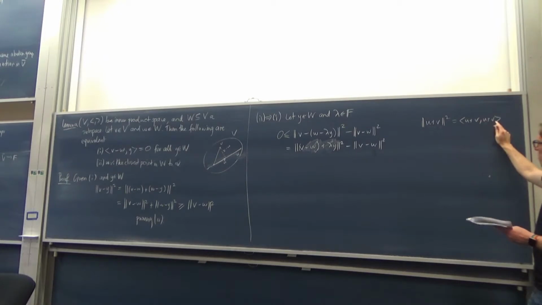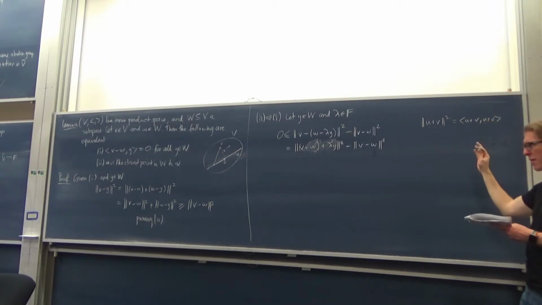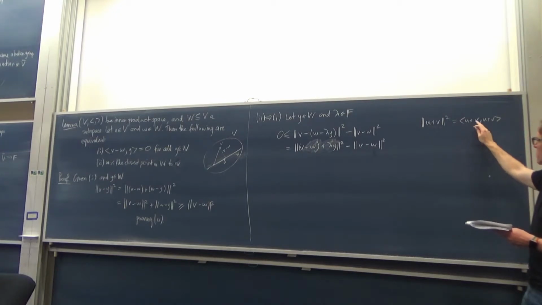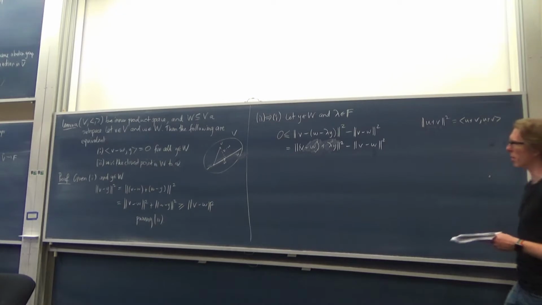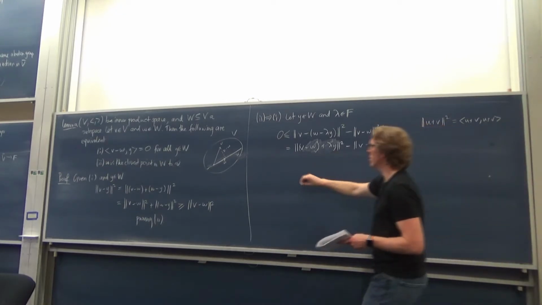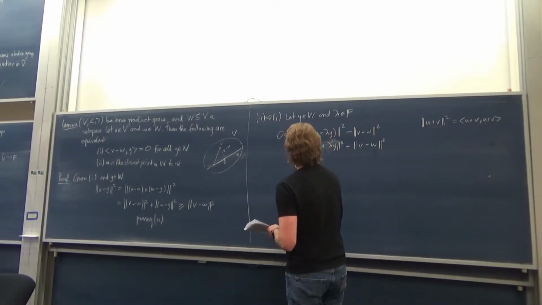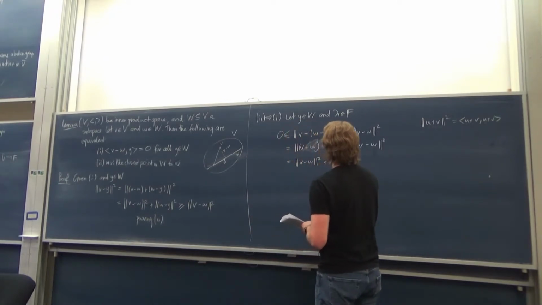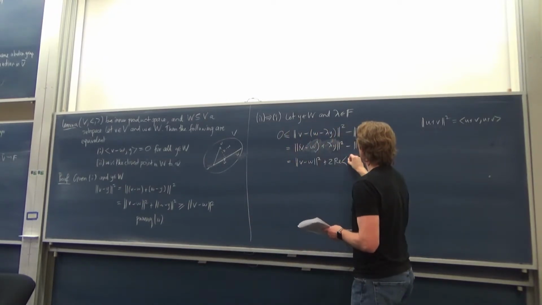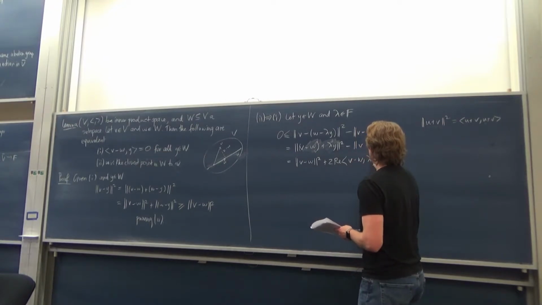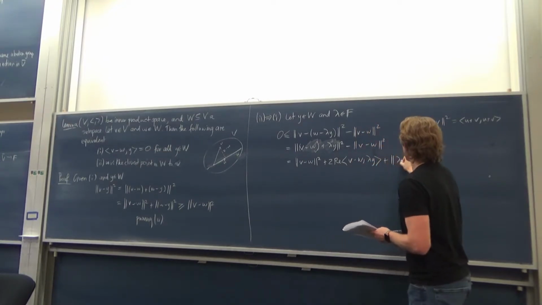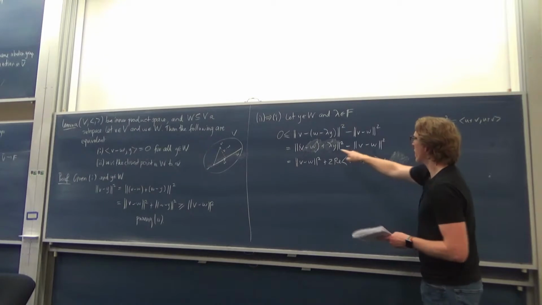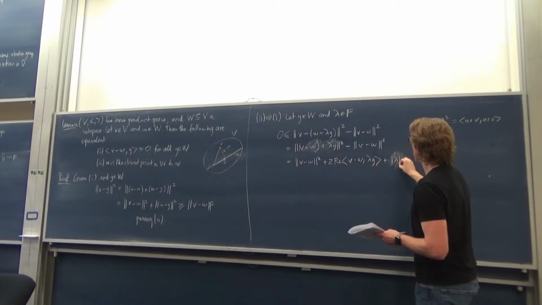I get v paired with v, that's the norm of v squared. The cross terms, because of the conjugate linearity of the pairing, give rise to twice the real part of the pairing of u with v. That calculation came up last time, and I just do it here. So this is equal to the norm of v minus w squared plus 2 times the real part of the pairing of this with this. Well, the norm of lambda y is this.